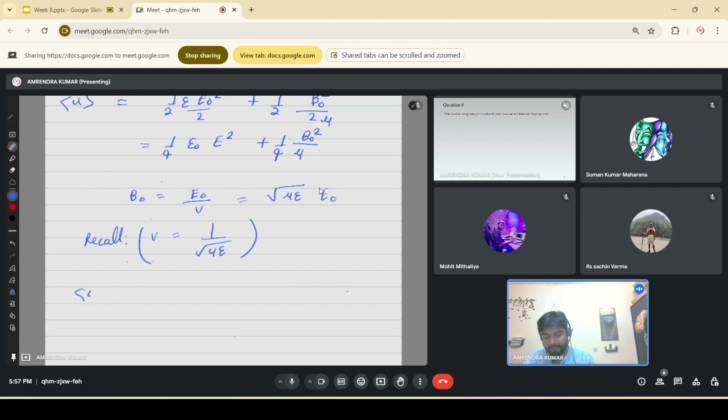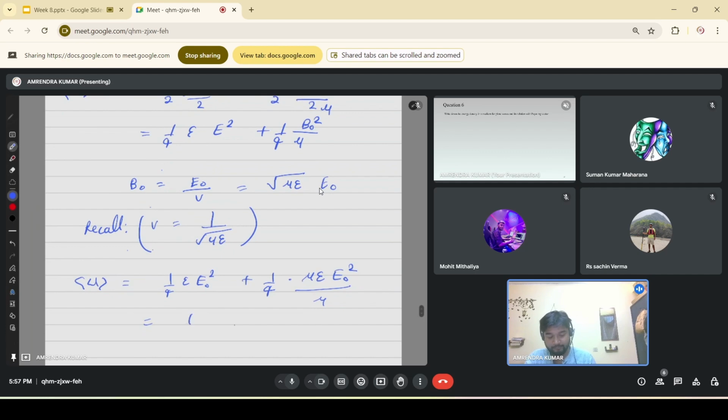So the energy density is 1 by 4 epsilon E naught square plus 1 by 4 B naught square over mu. And in place of B naught, we can write root of mu epsilon E naught, so B naught square over mu is epsilon E naught square.